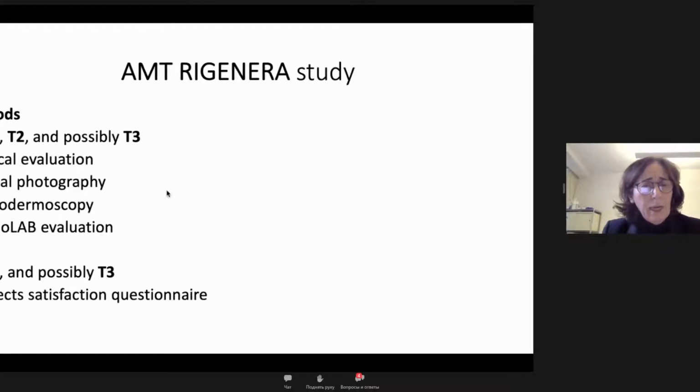How did we evaluate the efficacy? We did at every visit a clinical evaluation. We performed standardized global photography. We performed video dermoscopy, and finally we used the Tricolab system provided by PhotoFinder. At each visit, we gave all the subjects a satisfaction questionnaire to fill out.